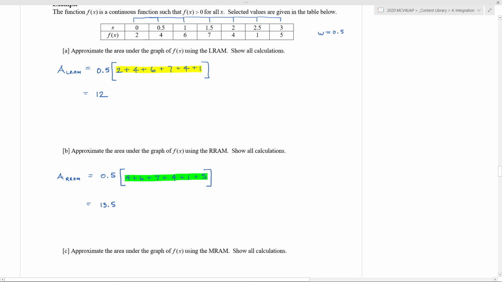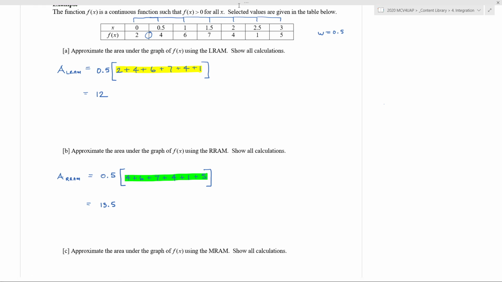This is what you do not do. I don't say that the midpoint is 0.25 and then I don't know what the Y value is in the middle. Don't take an average. That's not how this works. You can only use the data in the table. You can't fabricate values from what's in the table.